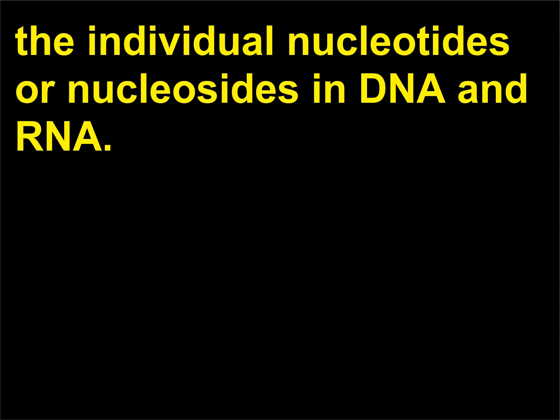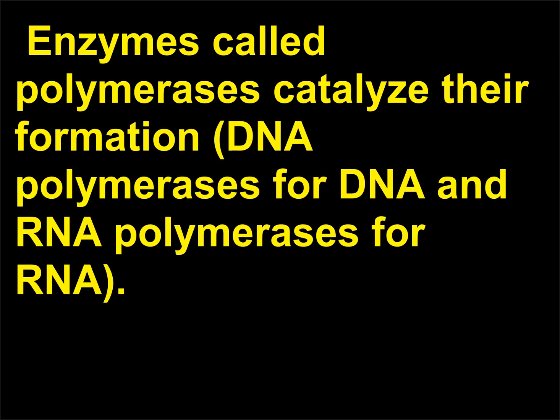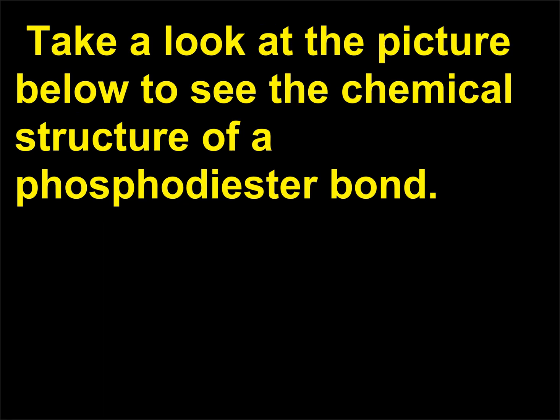Enzymes called polymerases catalyze their formation, DNA polymerases for DNA and RNA polymerases for RNA. Take a look at the picture below to see the chemical structure of a phosphodiester bond.